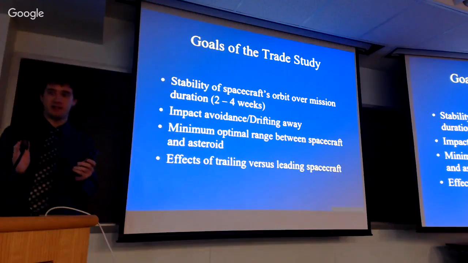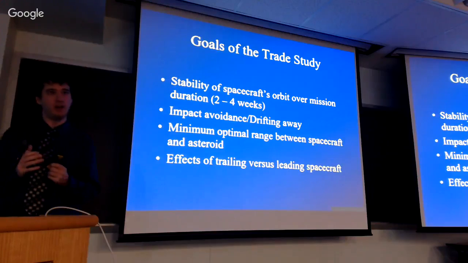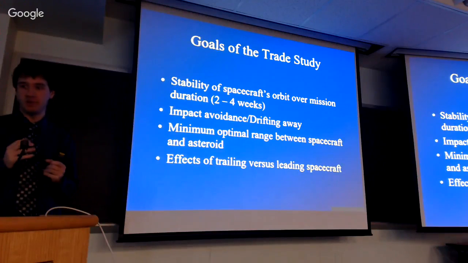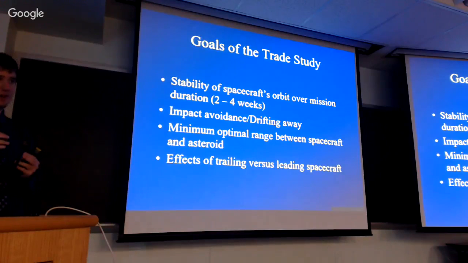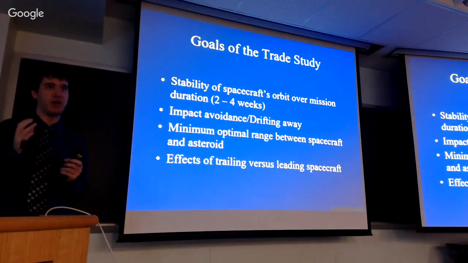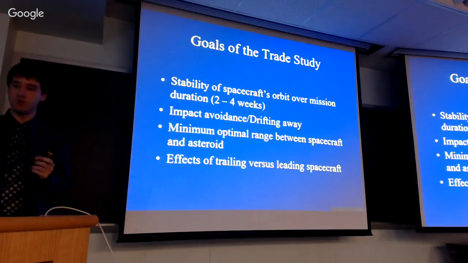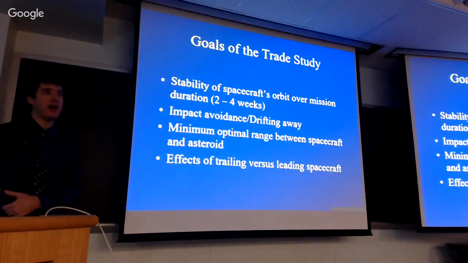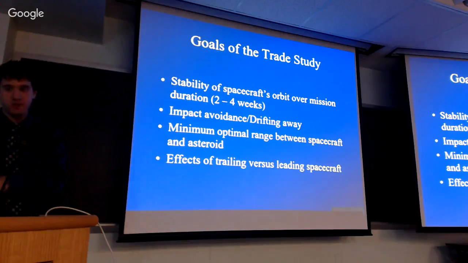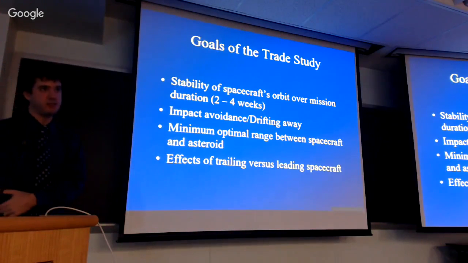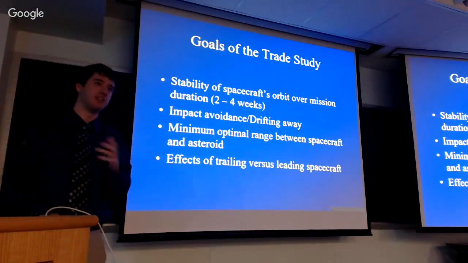We'll be looking at impact avoidance and the overall stability of the spacecraft's orbit. Stability is defined here as the drifting of the spacecraft, whether it's closer to the asteroid or drifting further away. Also looking at the minimum optimal range between the spacecraft and asteroid, and any effects of the spacecraft trailing versus leading the asteroid.